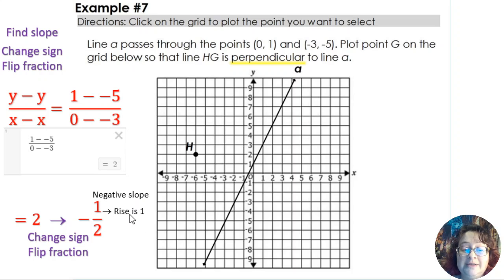I know my rise is 1, my run is 2, so I start at point H. Negative slope, so I'm going to go down 1, and then I'm going to go right 2. That's my run, 1, 2, and that's where I'm going to plot point G. And I can draw a line through that to see that that does indeed look perpendicular. So it looks like I did a pretty good job on this one too.